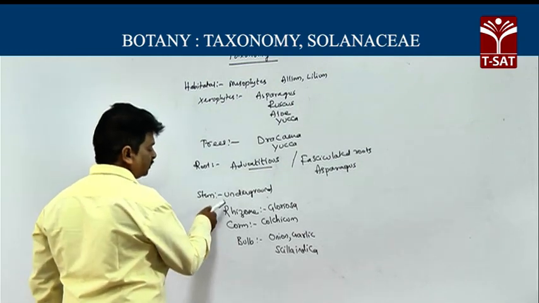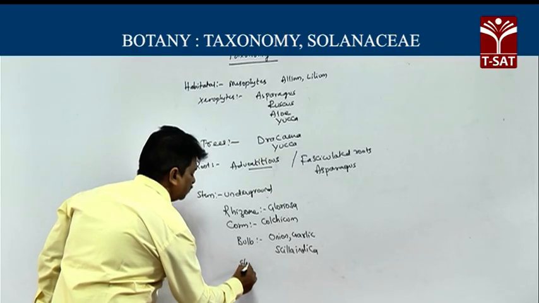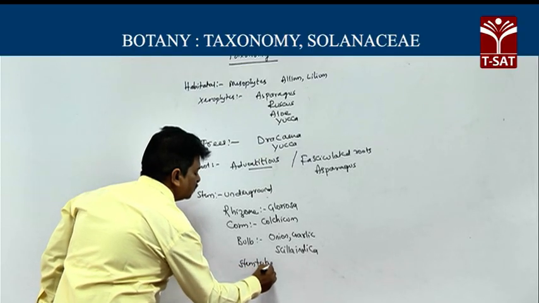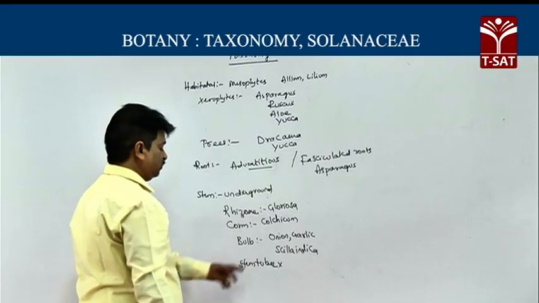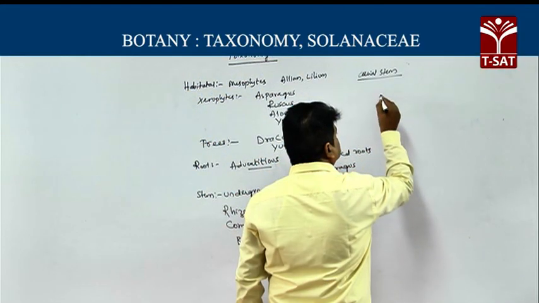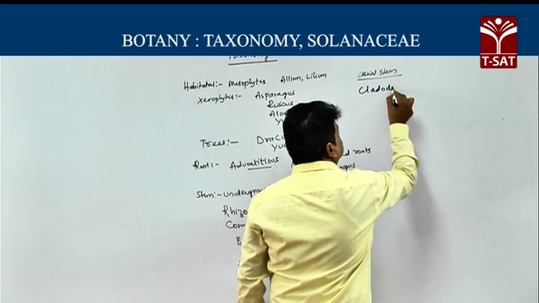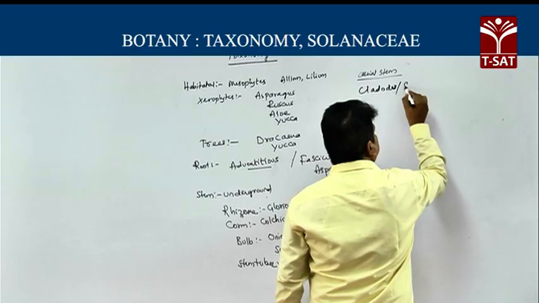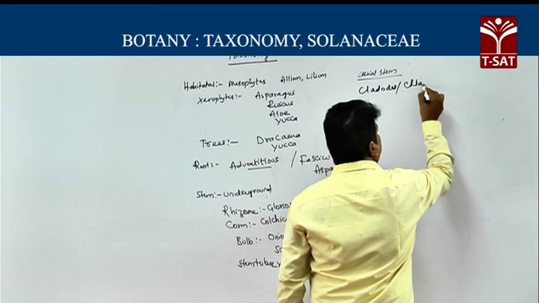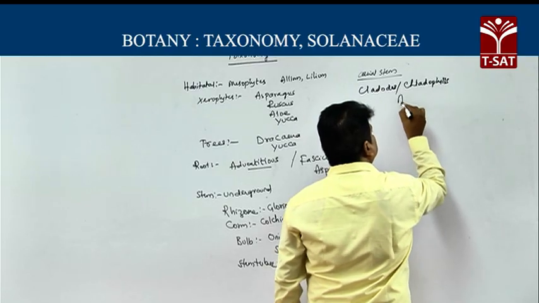In liliaceous members, all types of underground stems present except stem tuber. Stem tuber is absent. Aerial stems show branches of limited growth. These branches of limited growth are called cladodes or cladophylls.